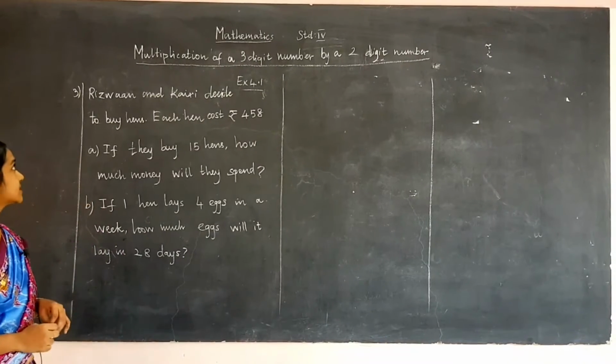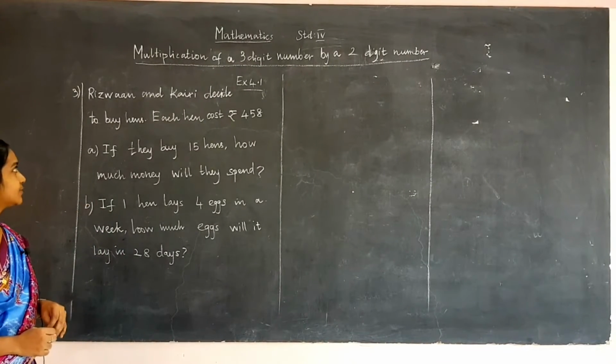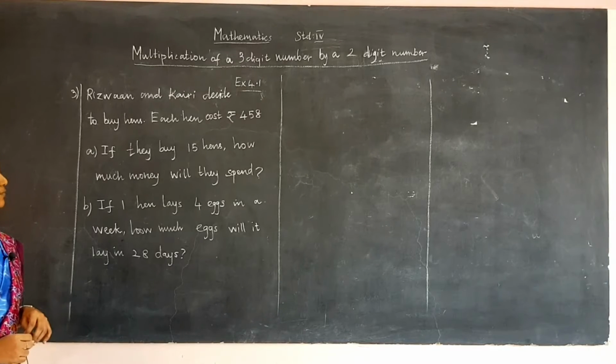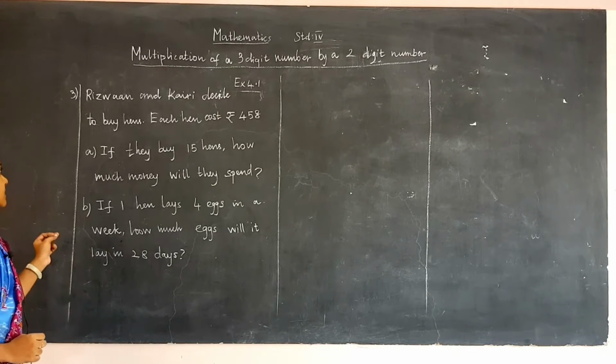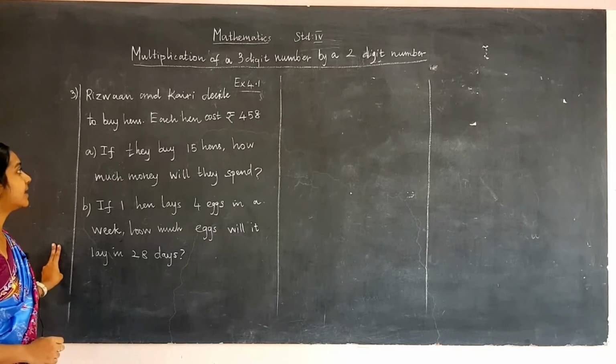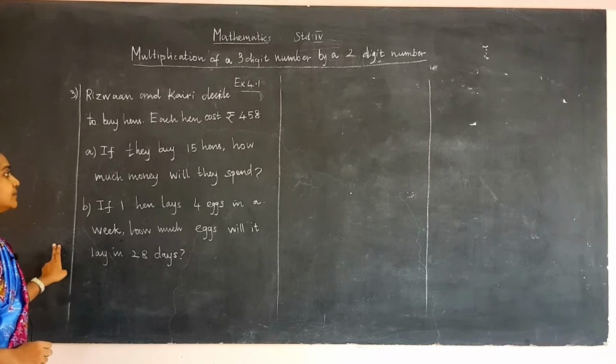The third question is, Rizwan and Khairi decide to buy hens. Each hen costs rupees 458. The first question is, if they buy 15 hens, how much will they spend?